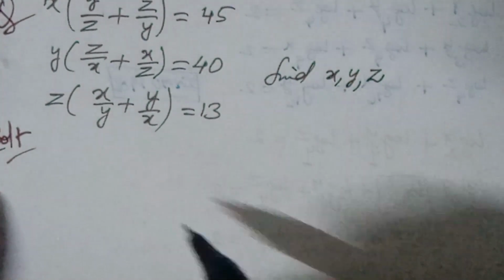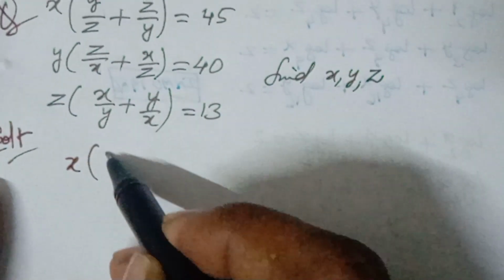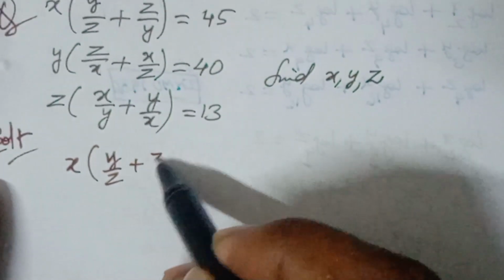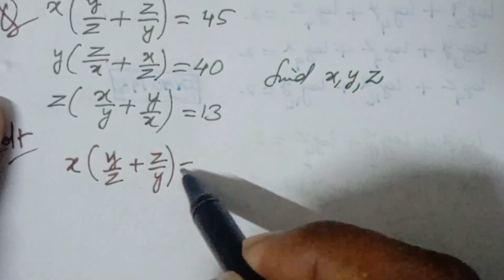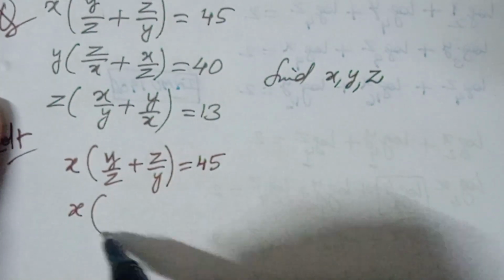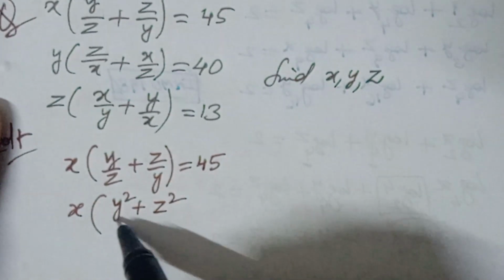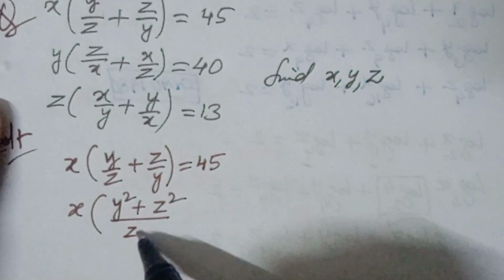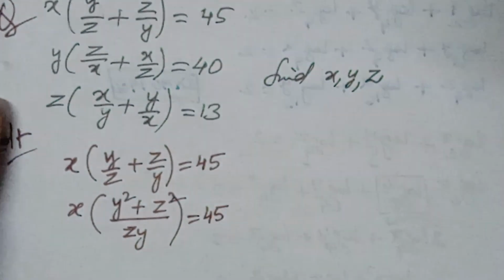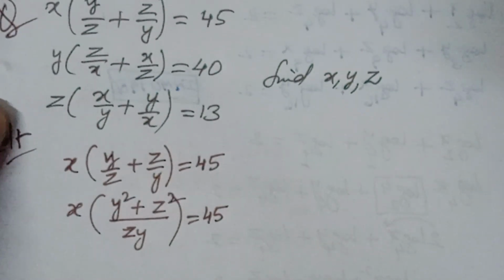First of all, I am taking equation 1 now. x into (y by z plus z by y) is equal to 45. If you take LCM, y square plus z square by zy is equal to 45. The logic here is you have to multiply and divide with x.